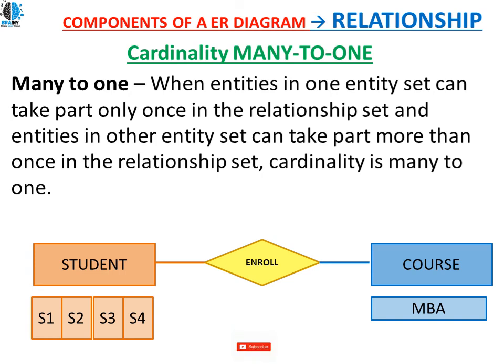So many students can enroll for a single course. This type of cardinality is called many-to-one cardinality. So n number of students will be enrolling for a single course. This type of cardinality is called many-to-one cardinality.